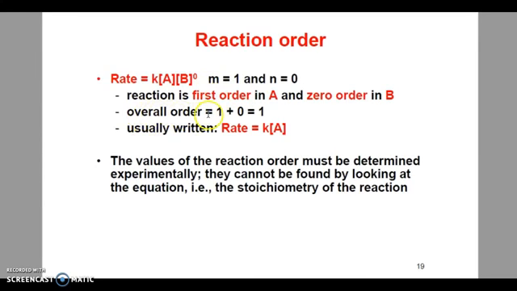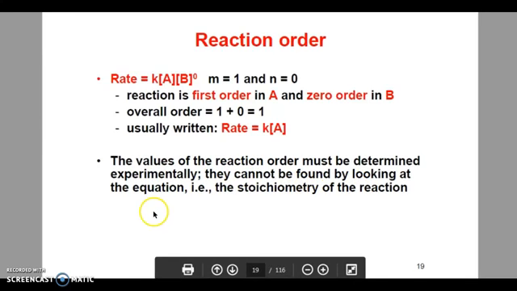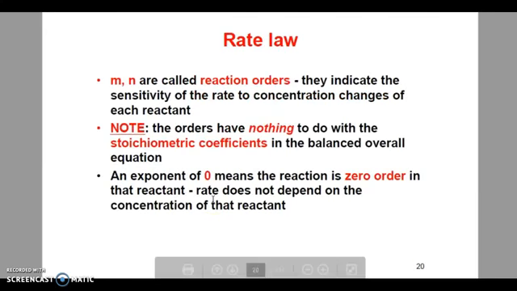So the overall order will be equal to 1. Usually it may be written as rate is equal to K concentration of A. The values of the reaction order must be determined experimentally. They cannot be found by looking at the equation, that is the stoichiometry of the reaction.